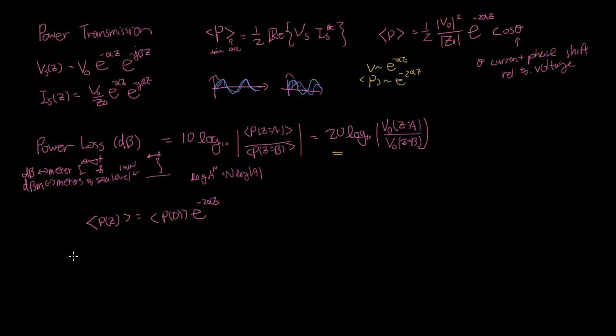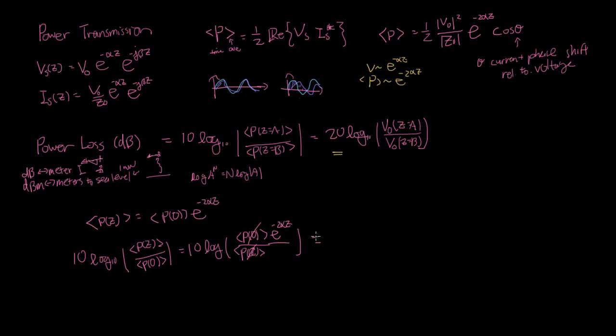For the power loss, we can do a little bit of simplification, which is you can take the power at a particular location compared to the power at z equals 0. And we know what the relationship between these two is. So you can write this as log of P of 0 over P of 0, and these cancel out. But as it propagates, it decays by e to the minus 2 alpha z.